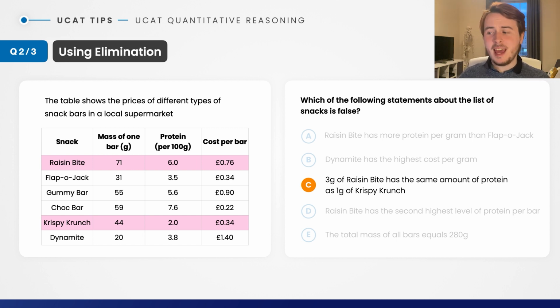So it wouldn't make sense for 3 grams of the bigger one to equal 1 gram of the smaller one. Hopefully you can see that logic just doesn't match up with this one. So actually, we can quite confidently say that option C is false, simply based on inspection. I've not done a single calculation here, but I've already found the one that's false. So option C would be the right answer here.